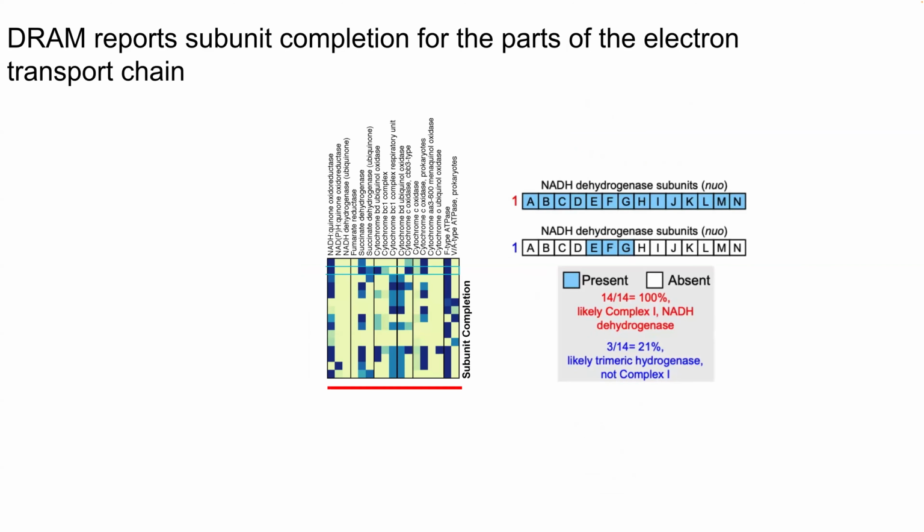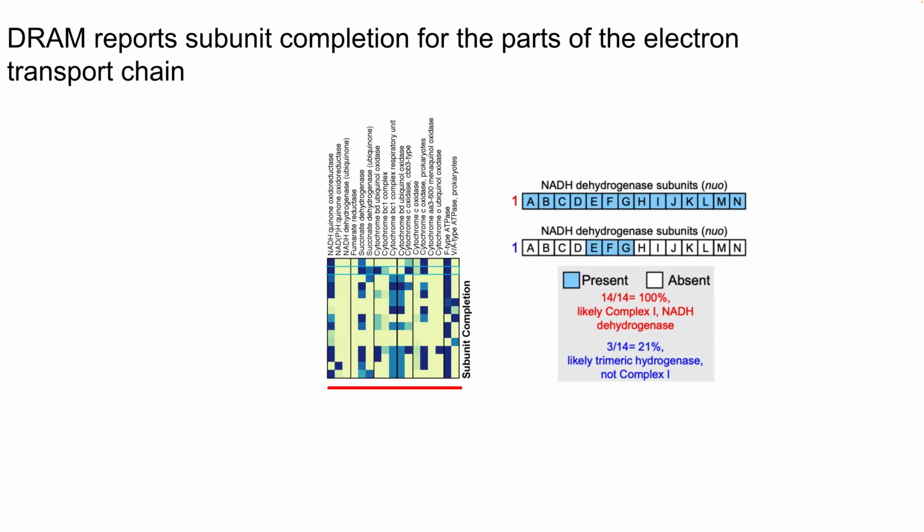It's also going to tell you, for the components of the electron transport chain, so complexes 1, 2, 3, 4, in this case, instead of pathway completion, you're getting the subunit completion of these multi-subunit proteins. The idea here, and we'll talk about respiration in a minute, is that if you're a respiratory organism, you need to encode an electron transport chain. The proteins involved in that, at least in the case of NADH dehydrogenase, encode like 14 subunits.